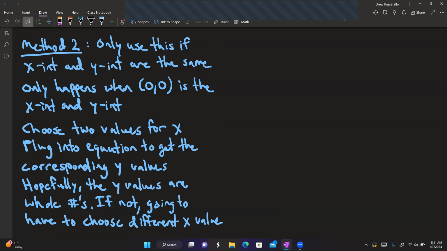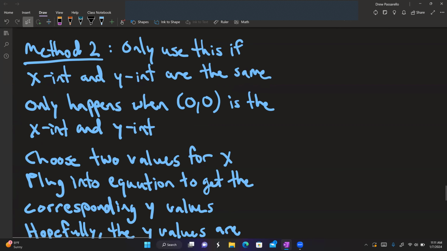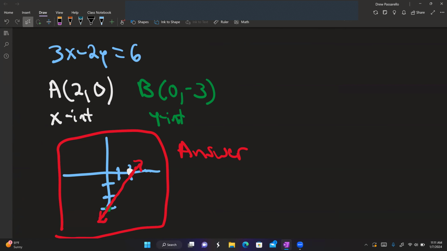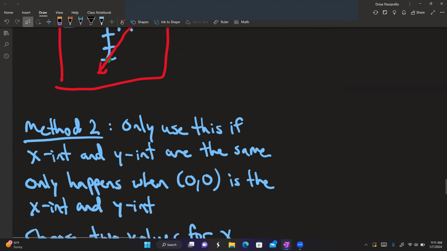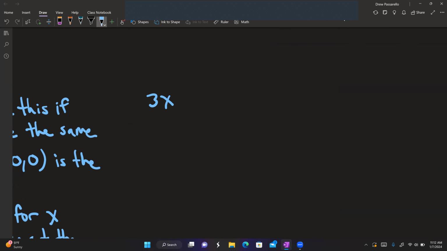All right, so let me work the problem out. And again, the original problem, the line that we drew, the equation was 3x minus 2y equal to 6. All right, so I'm going to pick two values for x.